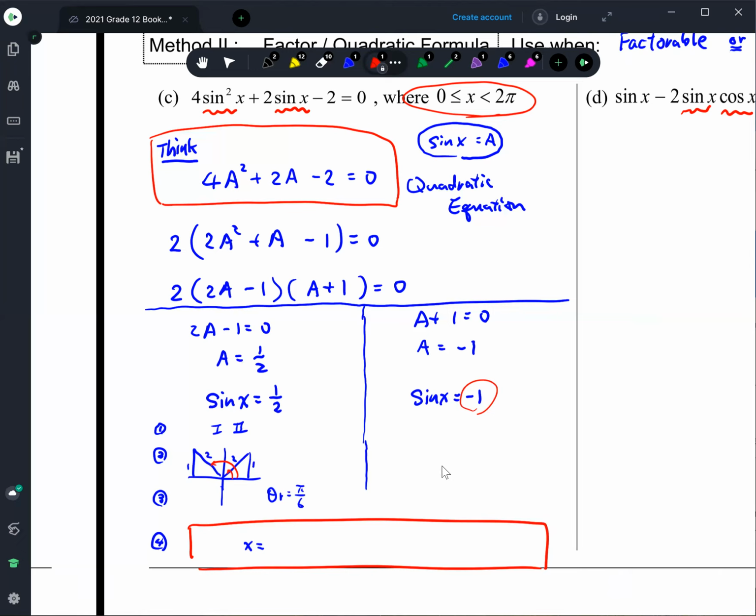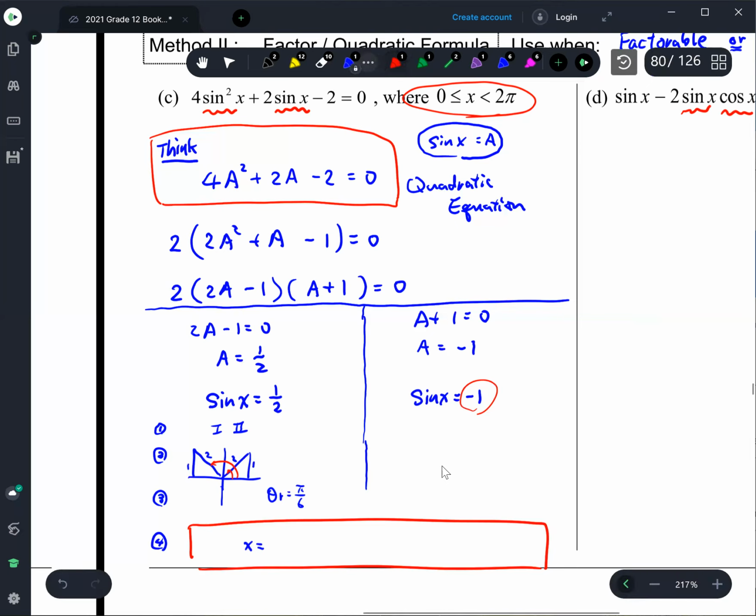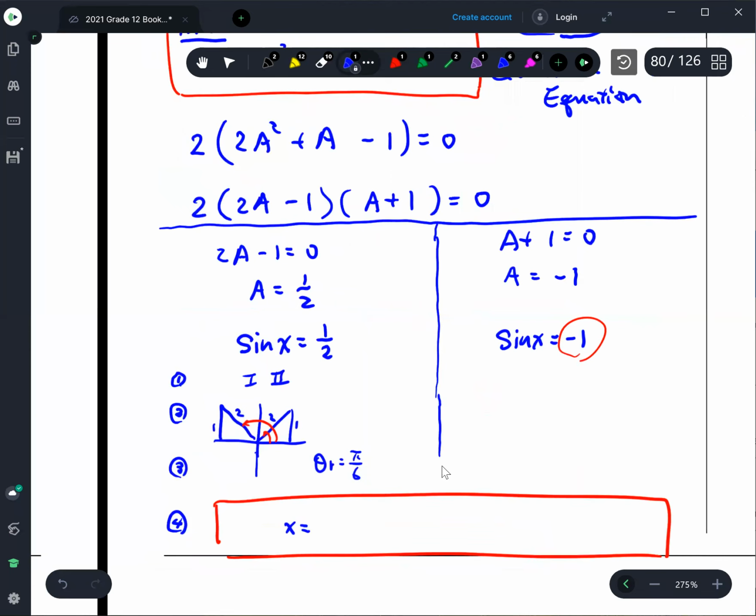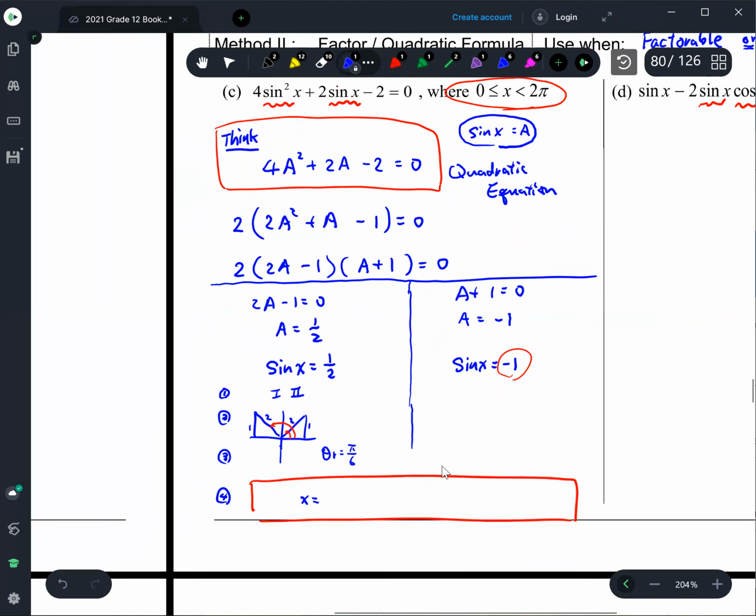Okay, Jenny, do you have the answer for the left side? No, not yet. Okay, let me know when you found it. I'm not sure how to do it. Did you get a reference angle pi over 6? Mm-hmm. So I'm not sure what to do after that.